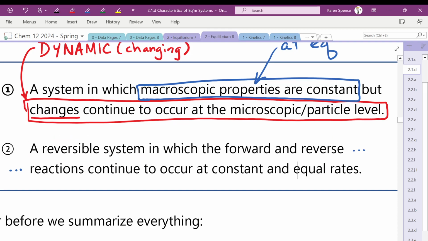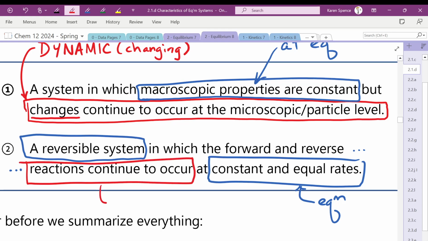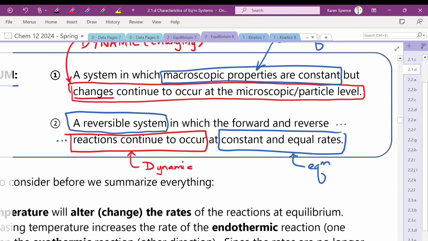And I'm confusing myself and probably you. It's a reversible system, and the rates are constant and equal. That part is the equilibrium. But the fact that the forward and reverse reactions continue to occur, that part is the dynamic part. Not that it really matters that you be able to pick out the equilibrium part and the dynamic part. Just be aware that if you write a definition, it should include both the equilibrium part and the dynamic part.